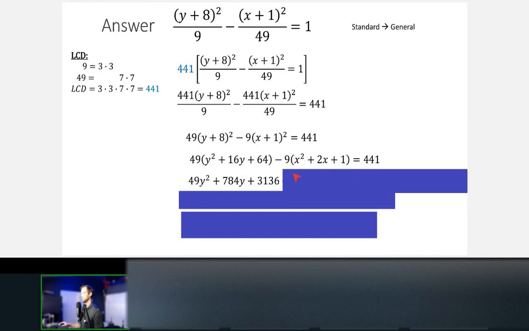What does this become? Negative 9x squared minus 18x minus 9. Anybody else want to agree with that? Yeah, that sounds right. Remember, we are distributing a negative 9. Don't make the mistake of doing 9 times everything. This is negative 9 times every single term. It does matter.